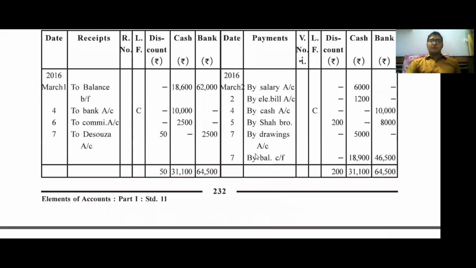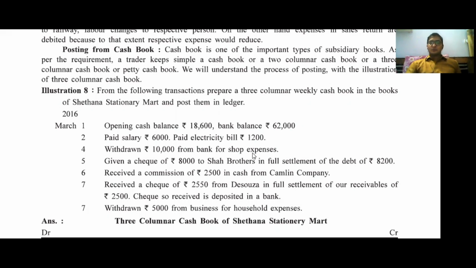Then after, point number 4, withdrawn 10,000 from bank for shop expense. Here actually we have not incurred any kind of shop expense, but we have just withdrawn an amount from bank, because here they have not written that the company has incurred shop expense. Here it is simply a withdrawal from bank.